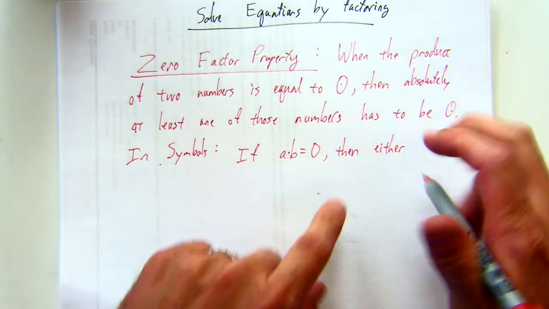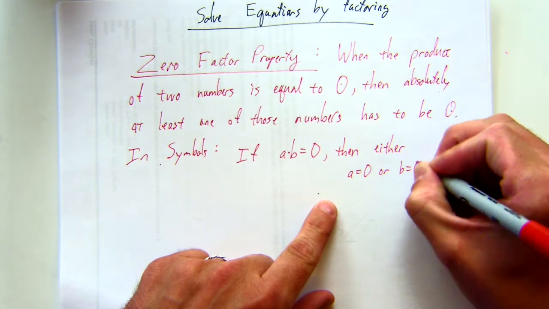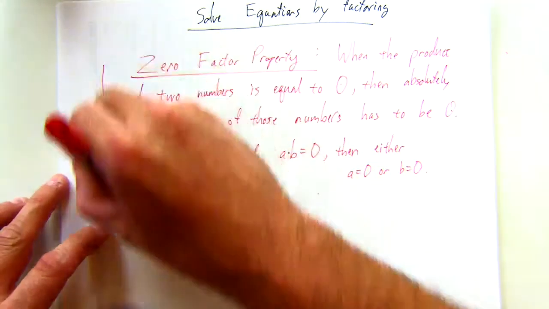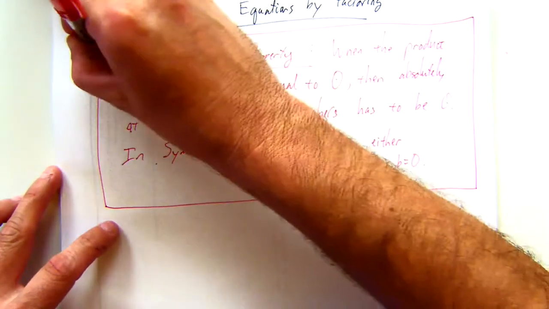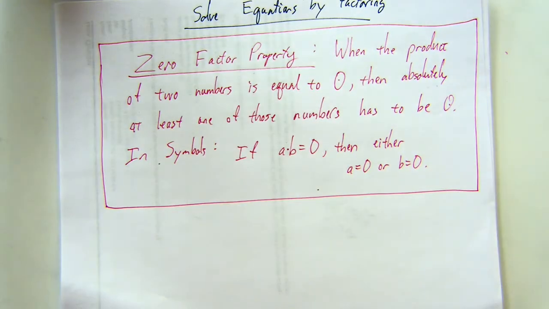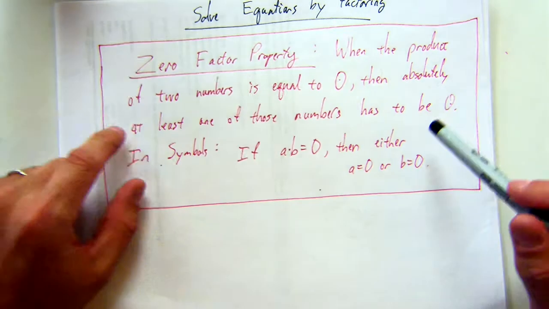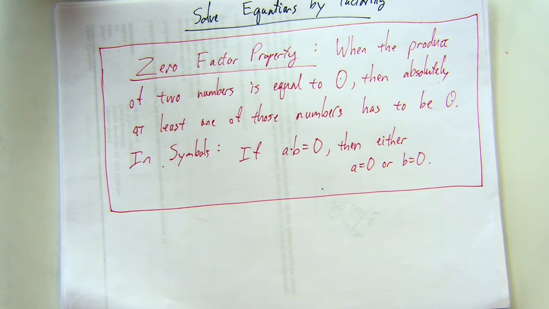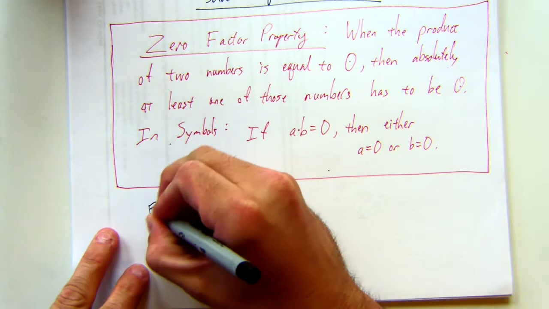So we can say then either A is equal to 0 or B is equal to 0. Okay? By factoring, we're going to be able to use this property and solve some equations. Okay? Let's start off with examples.